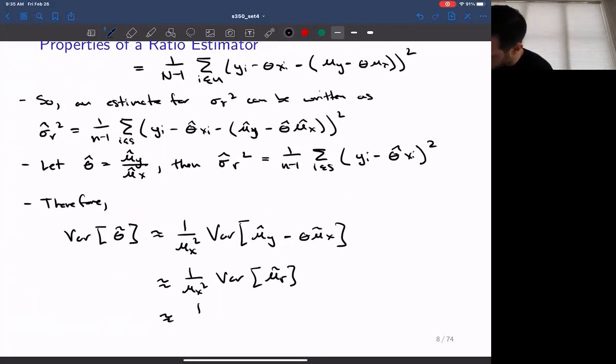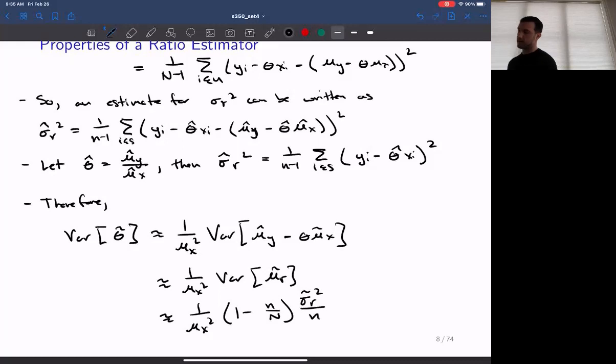Which is approximately 1 over mu x squared times 1 over little n capital N sigma tilde r squared divided by little n.